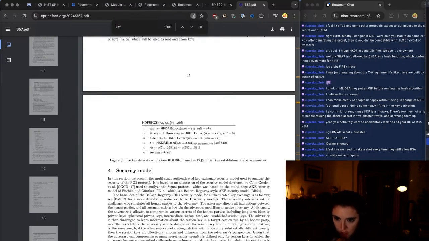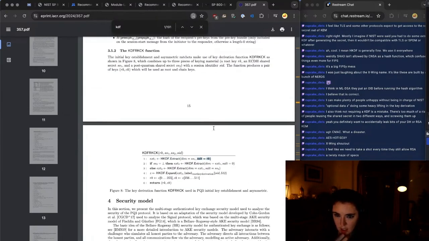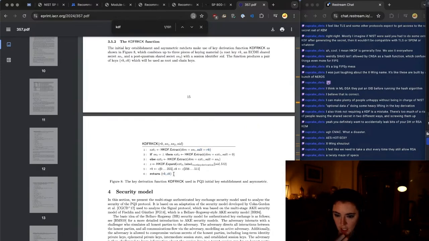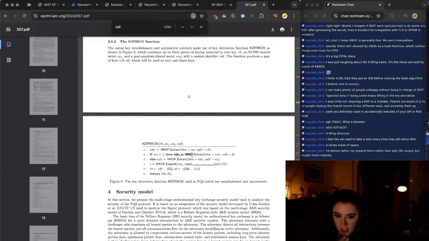You shove in one of your shared secrets, like say P256-1, as the keying material, and then I think you put in your previous root key. Okay, root key, chain key, sort of like the previous state key. Oh, if you don't have another one, you extract. Rather run expand twice than split the output.